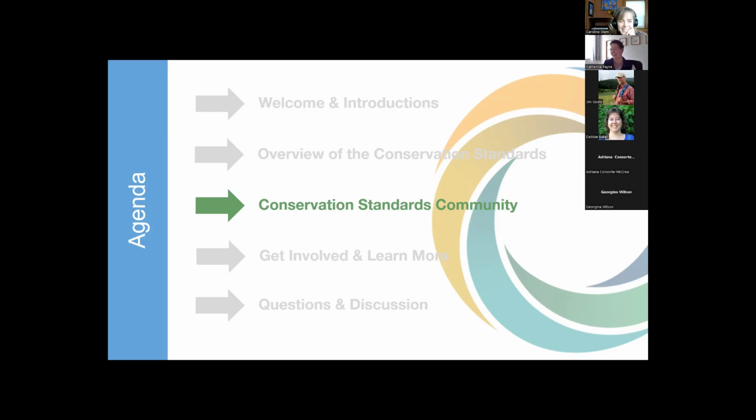Yeah. All right, so let's jump into thinking a little bit more. You've heard a very brief introduction around what the conservation standards are. As Caroline's mentioned, that was a simplified example, and we've just picked out 2 of those tools and illustrated how you might work through one of those with a conservation project.